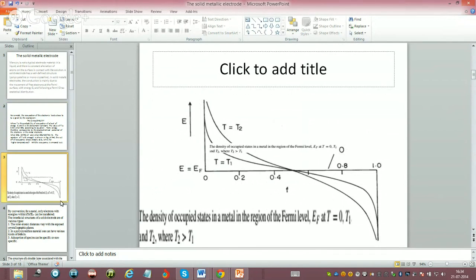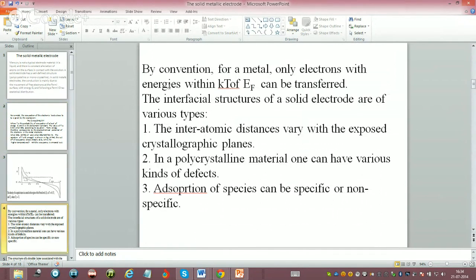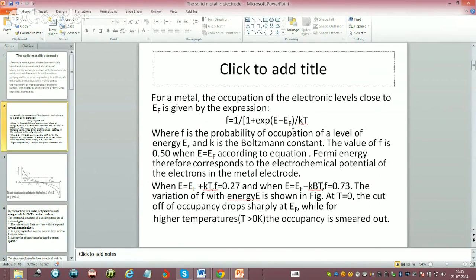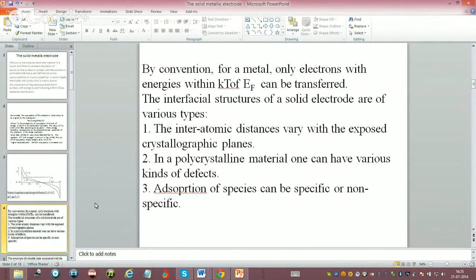So by convention, for a metal, only electrons with energies within kT of EF can be transferred. That is why we always use the expression (E minus EF) by kT, and why we use E equal to EF plus or minus kT. Therefore only those electrons very near to EF will be transferred.